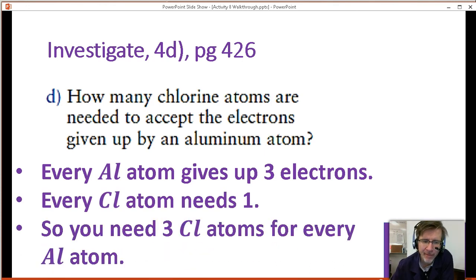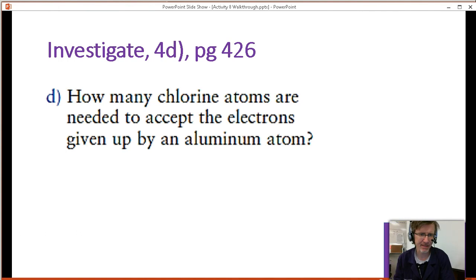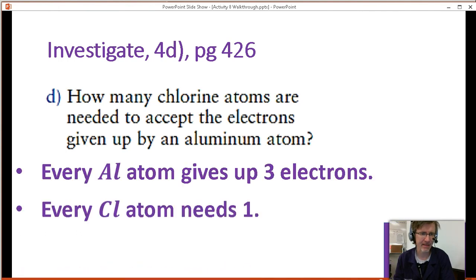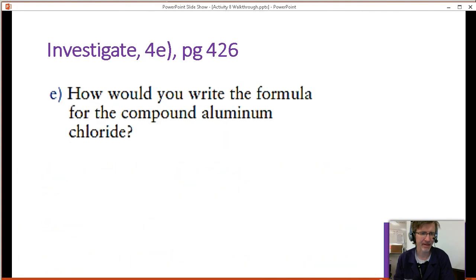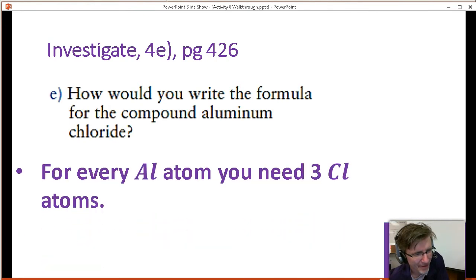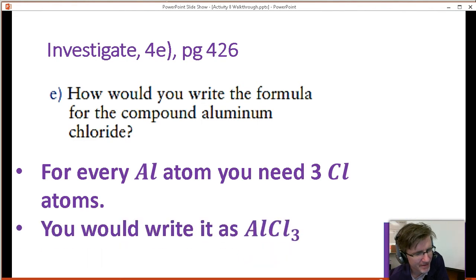That means I probably have 3 chlorine atoms for every aluminum atom. How would I write this formula? Boom. For every aluminum atom, you need 3 chlorine atoms. You'd write it as AlCl3, aluminum chloride.